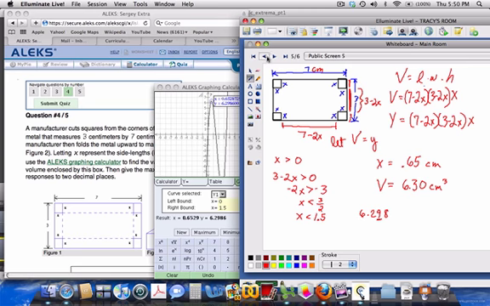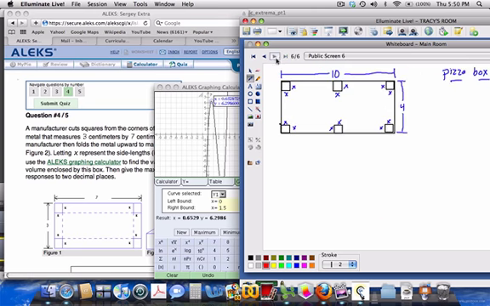Now there's one other type of problem that you might get. It's very similar to the one we just did, except you're going to be basically making a pizza box. Okay, so you'll end up folding this up and making it look like a pizza box.